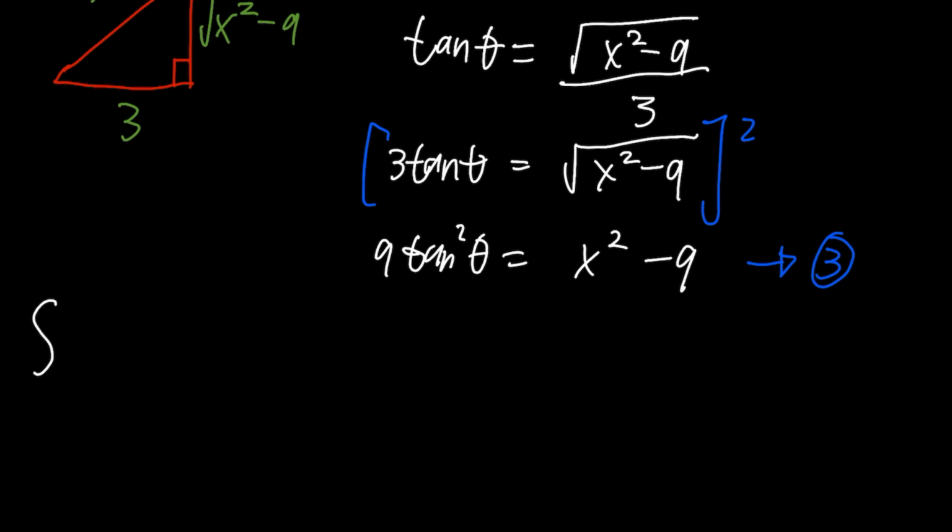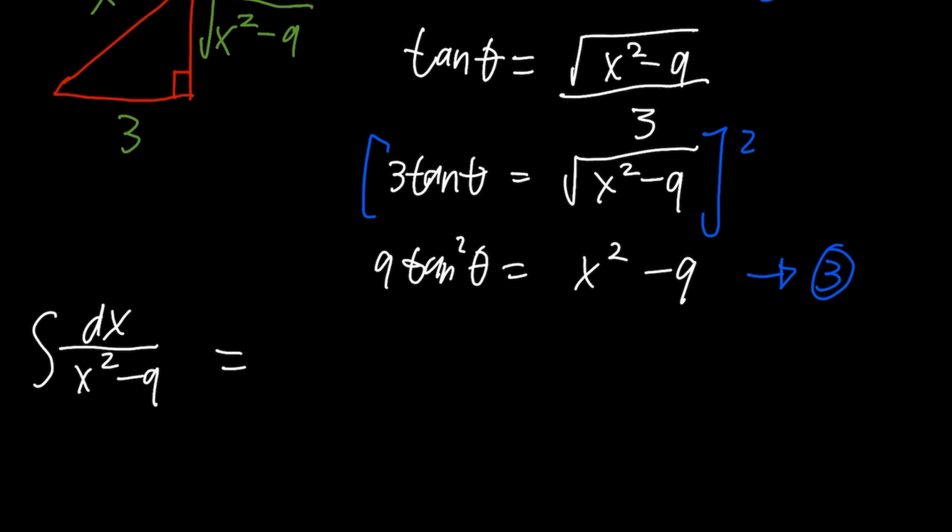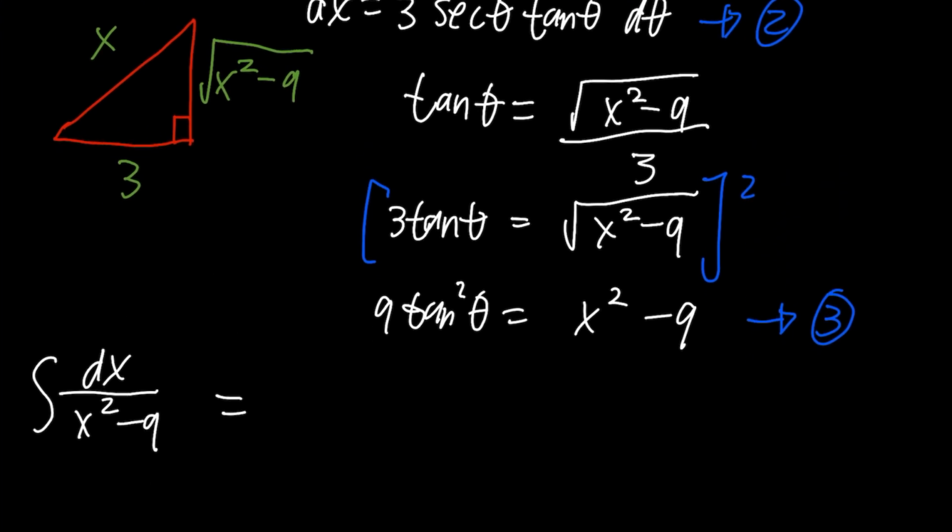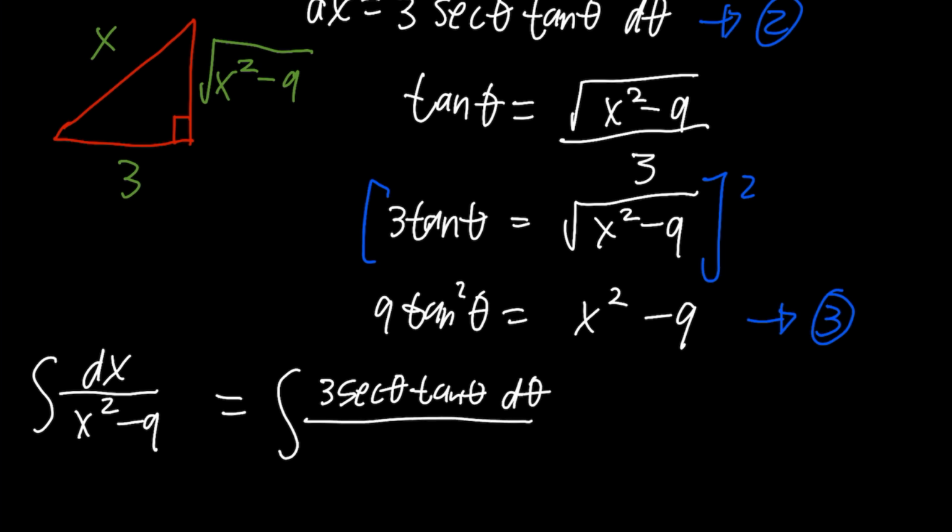So let me just rewrite the original problem, which is the integral of dx all over x squared minus 9. We know that dx is equal to 3 secant theta tan theta d theta, and x squared minus 9 is equal to 9 tan squared theta.